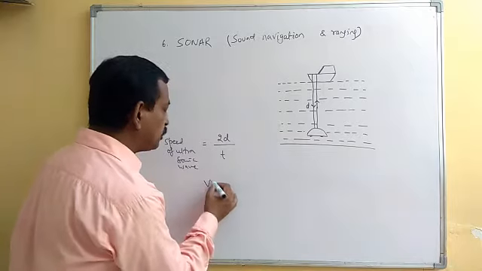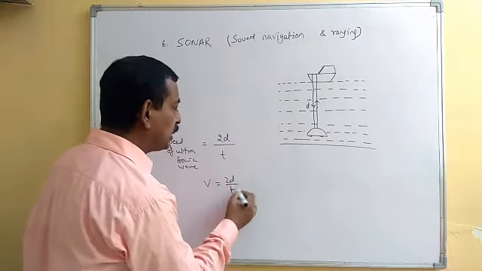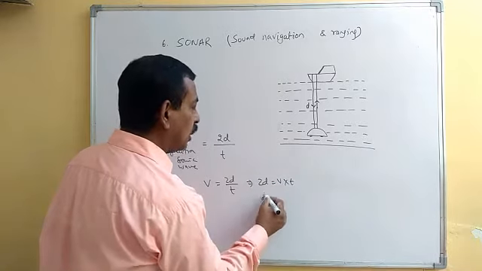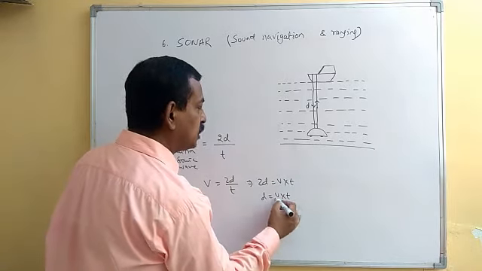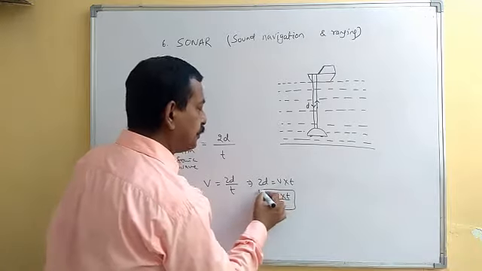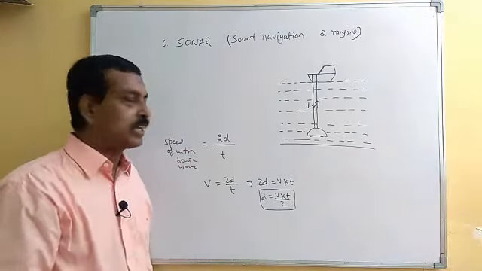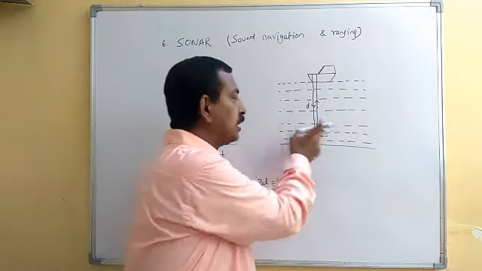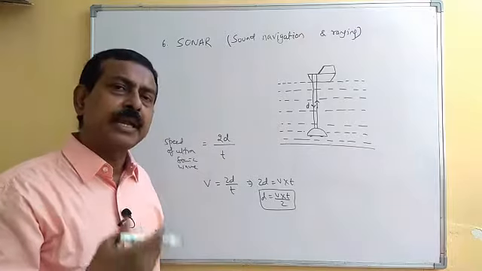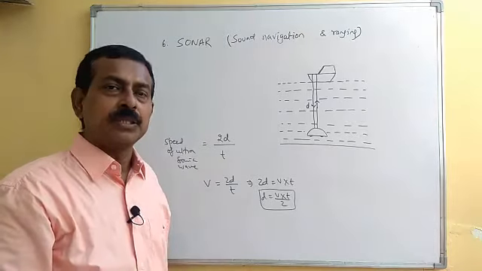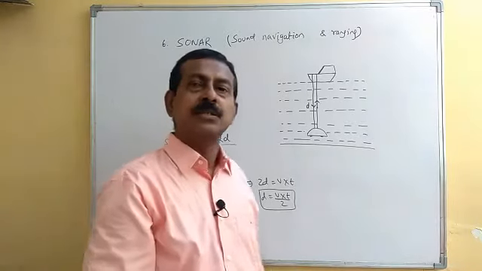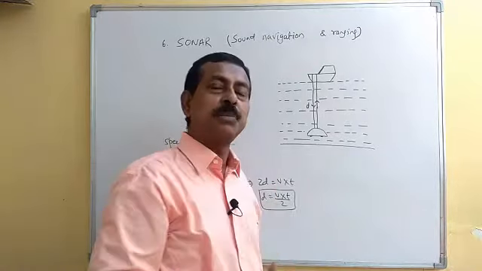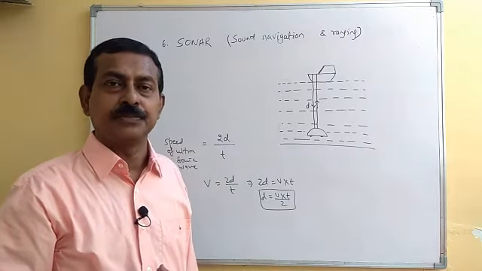Suppose you represent it by v, it is your 2d by t, and that shows that 2d is v into t, or d equals v into t by 2. So with this, we can find out the position of the obstacle there, or if you want to search for any other object. Suppose there is a ship which has sunk in the sea and we want to know its position. So we can use this sonar method to know its position.